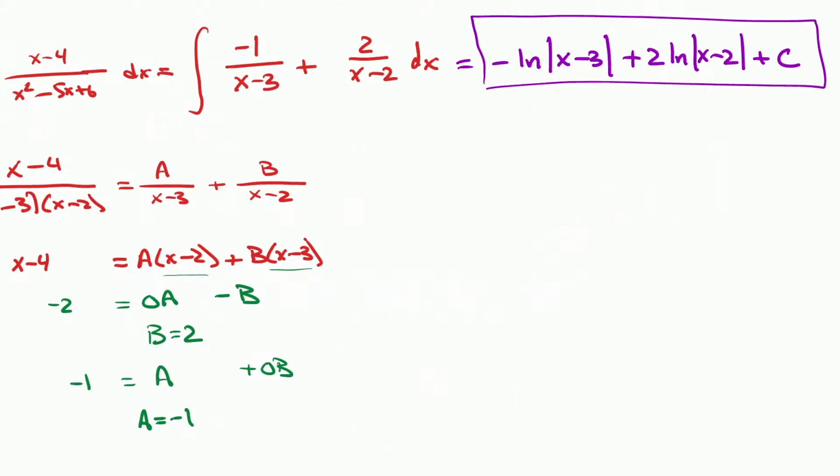But if you really want to go the extra mile and make it look really pretty, you can write x minus 2 squared over x minus 3, and that's because I'm using the rules of logarithms. When you have a coefficient in front of a natural log, you can move that inside as an exponent. And when you're subtracting two natural logs, it turns into a fraction. What do you think, Eli?